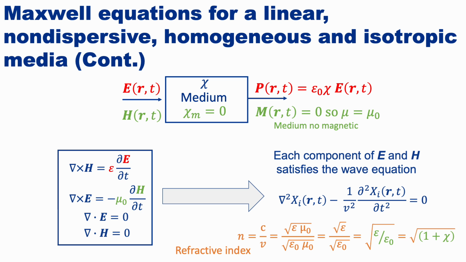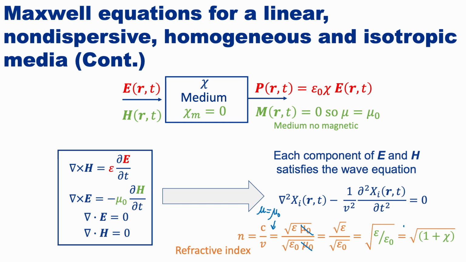Now, in a lot of cases we're going to assume that a medium has no magnetic properties. So here our magnetic permeability is the same as the vacuum, so they cancel each other. So the refractive index is going to be the square root of the ratio between the electric permittivities.